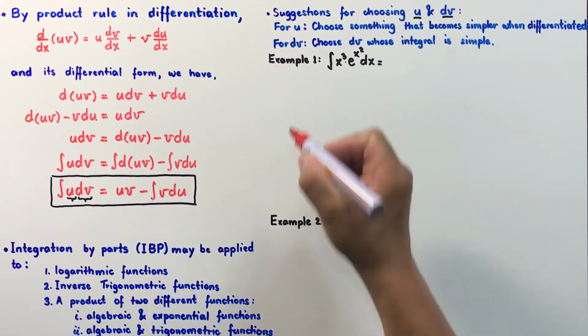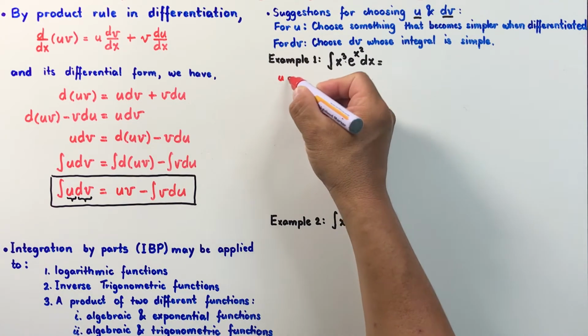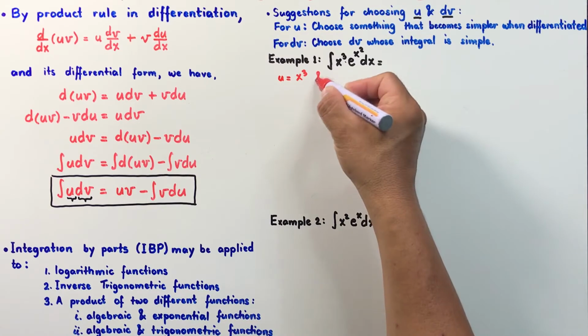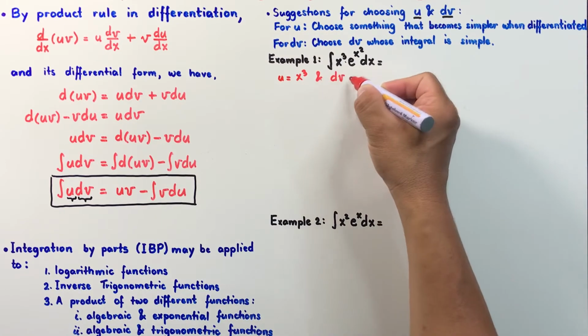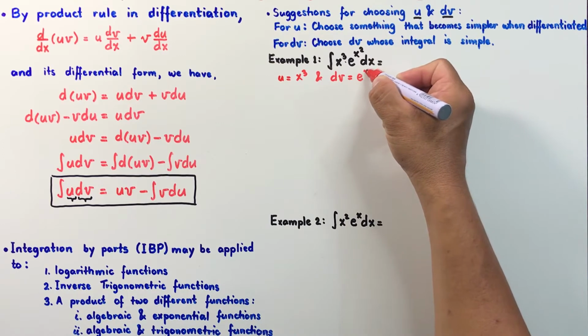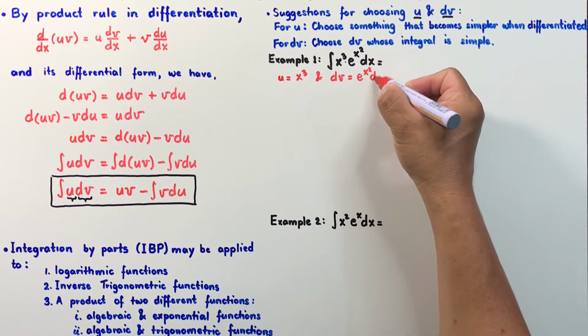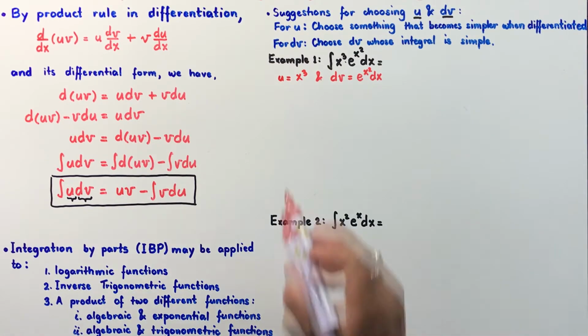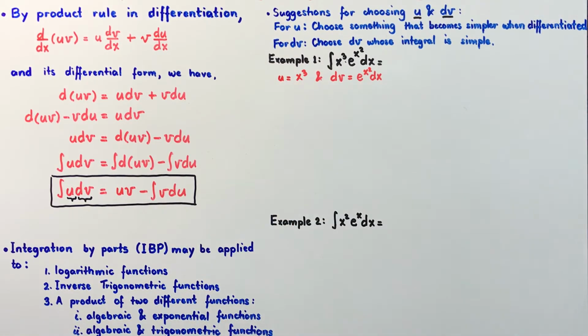Now, if you want to guess that your u is the function x cubed and your dv is the part which is e to the power x squared dx, no problem with the u, because you can easily differentiate x cubed.